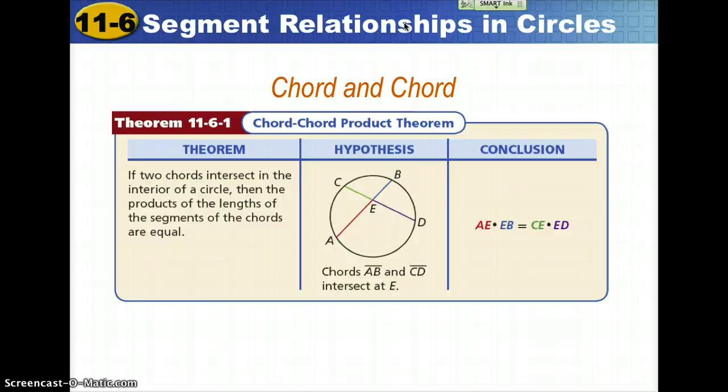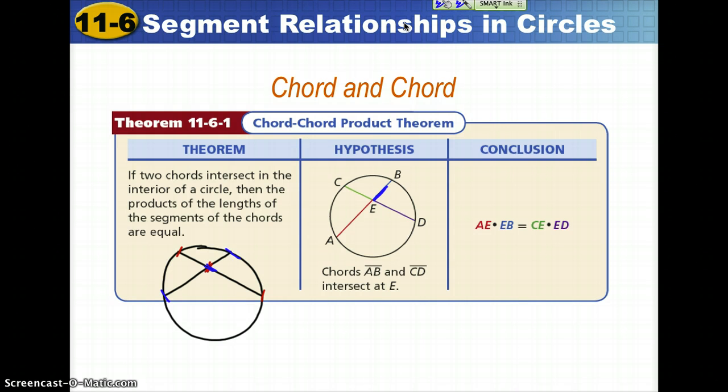We have our circle, and our chords intersect. And when they intersect, each chord is broken up into 2 parts. This chord is broken up into those 2 parts, and this chord is broken up into those 2 parts. So we have the 2 red parts and the 2 blue parts. Up here it's shown like this.